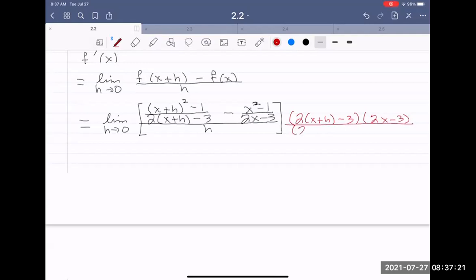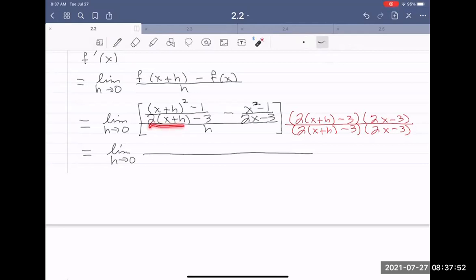So I'm going to multiply and divide by this. Okay, so this is equal to the limit as h approaches 0 of, well, the 2x plus h minus 3's cancel.